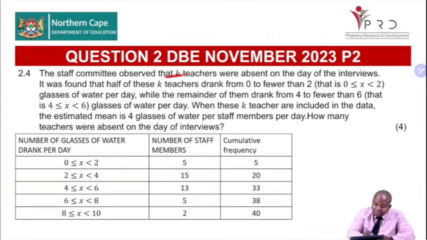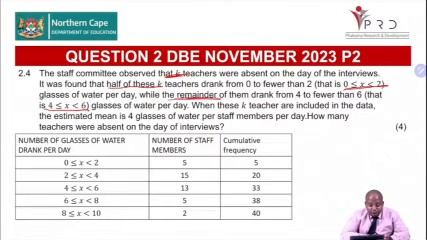It was found that half of these K teachers drank from 0 to fewer than 2 glasses of water per day, while the remainder of them drank from 4 to fewer than 6 glasses of water per day.